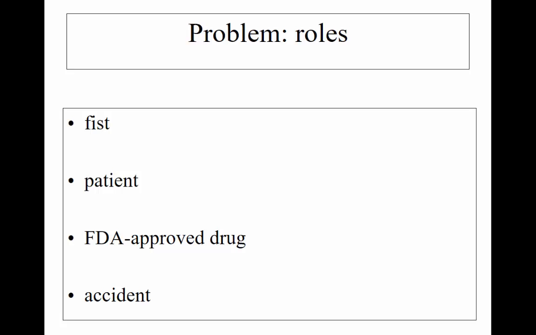Now the answer, I believe, is to treat fist not as an extra entity on the side of the hand which makes the fist, but rather as a role. The hand always exists. Sometimes it makes a fist. That means the hand is playing the role of a fist, and then it's not playing the role of the fist. And now roles are exactly the kinds of things which go into and out of existence.